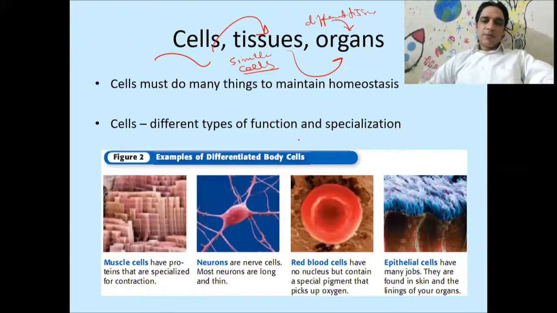And here are different examples of cells. This is an example of neuron cells, muscular cells, and a very famous red blood cell. And this is an example of an epithelial cell. Remember, epithelial cells create our outer surface, our skin. Okay, they are called epithelial cells.